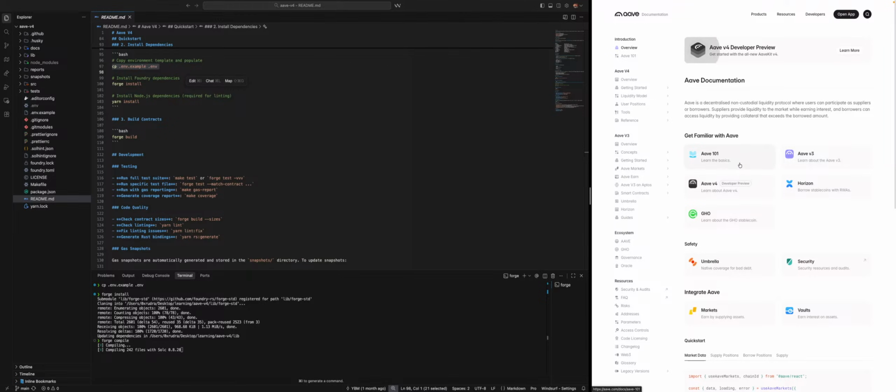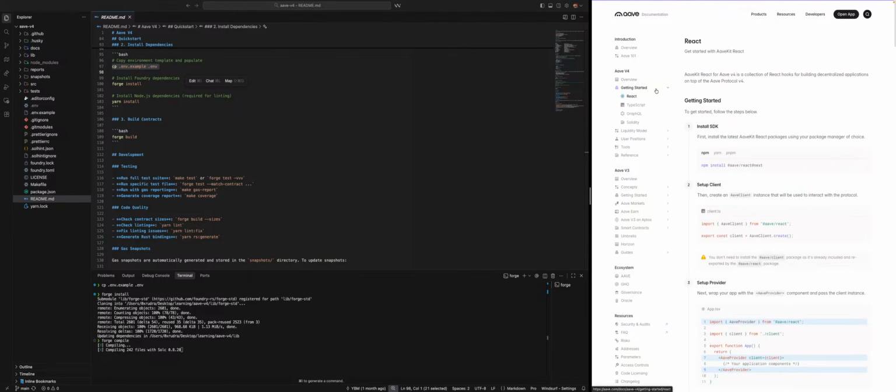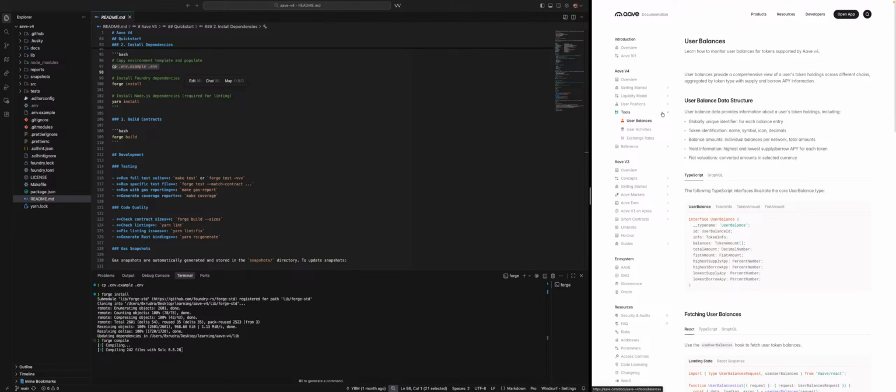Get familiar with Aave. I think this should be the same, right? V4. So we are reviewing concepts, getting started. Okay, liquidity model, user positions, tools, references.